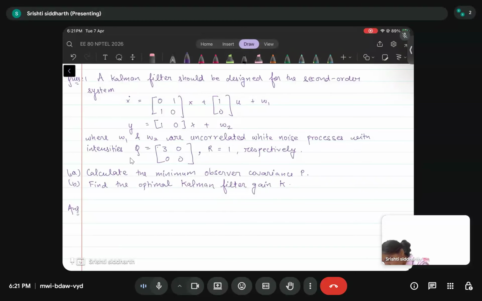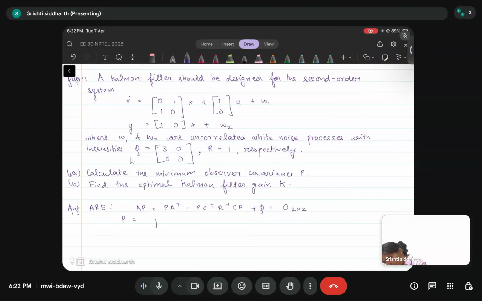So the algebraic Riccati equation is, let's write that down. AP plus PA transpose minus PC transpose R inverse CP plus Q equals 0. So the 0 is a 2 by 2 matrix.